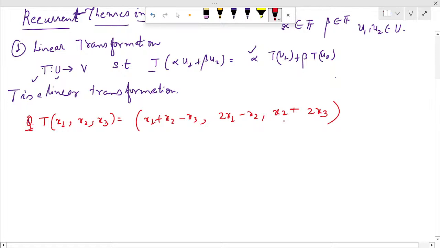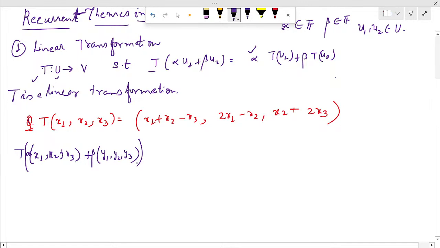So what one needs to see? One needs to check both of these properties, and if both are satisfied, then we can say the transformation is linear. Let's say I take x1, x2, x3 and add it with y1, y2, y3, with alpha and beta as scalars, and I try to find this value.